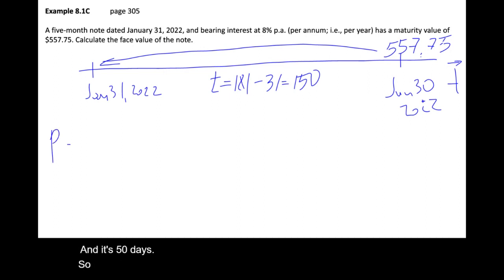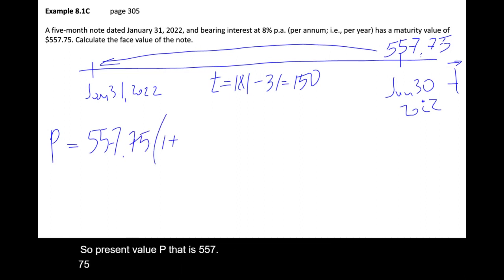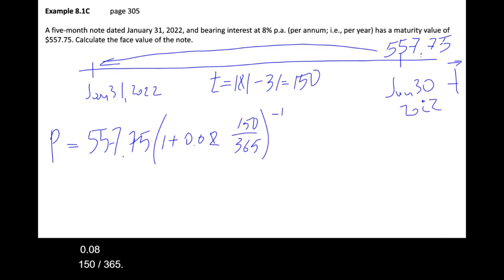So the present value P is 557.75 over 1 plus 0.08 times 150 over 365. Present value formula. Yeah, make sure you know how to calculate it.